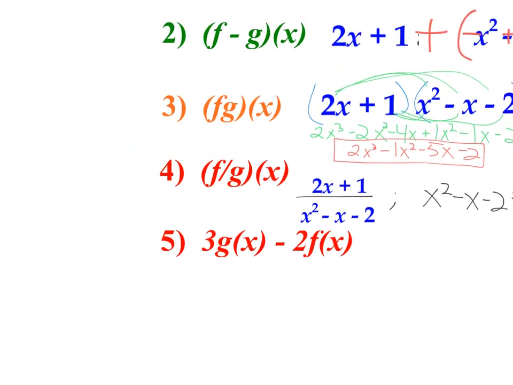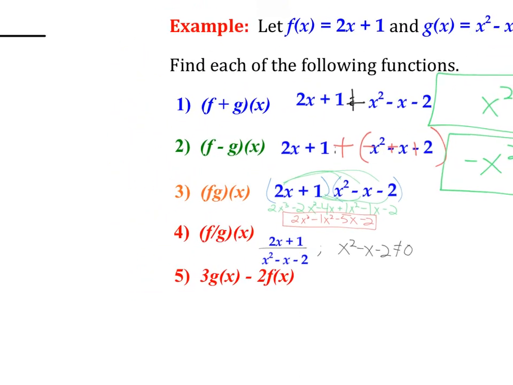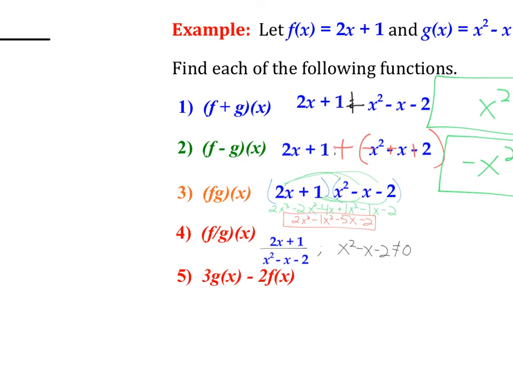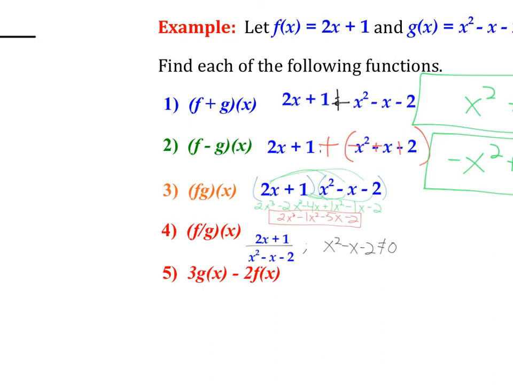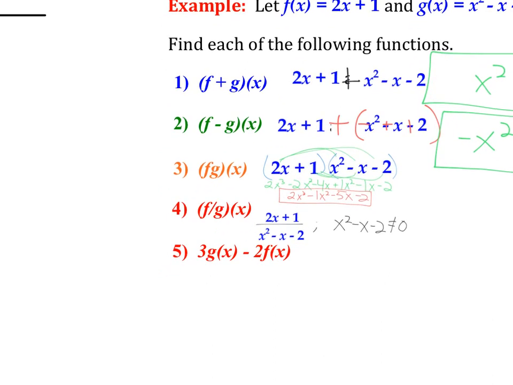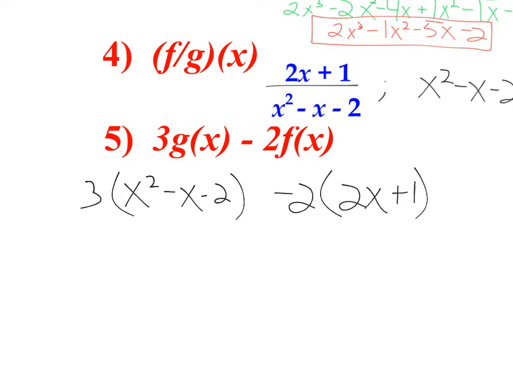All right, then last one. Oh, we actually have some coefficients. We have some multipliers. How fun is that? So we're going to have 3 times the g function minus 2 times the f function. So 3 times my g function, x squared minus x minus 2, minus 2 times the f function, 2x plus 1.